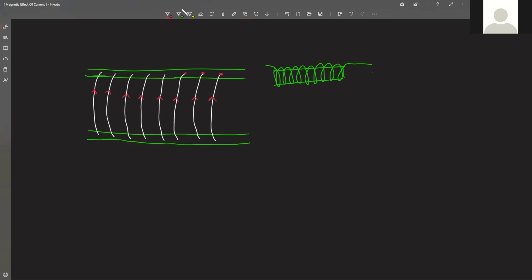Then you will have to keep your thumb in the direction of the current. And if you do that, your thumb will point to the back side of your screen. And in that case, the magnetic field which will be generated will be something like this.